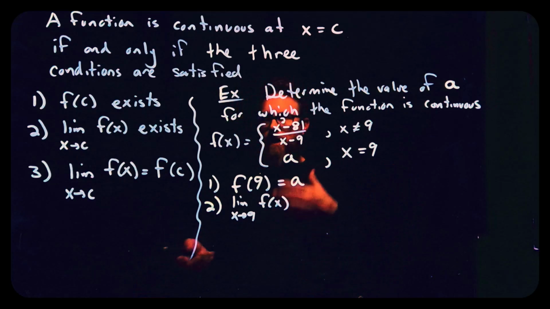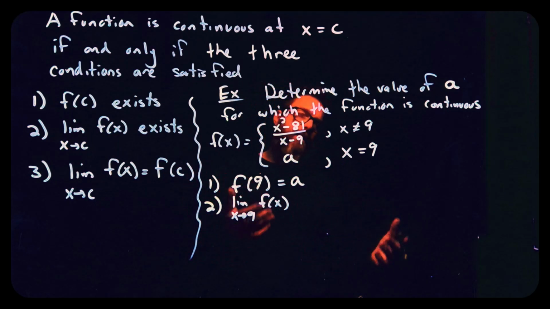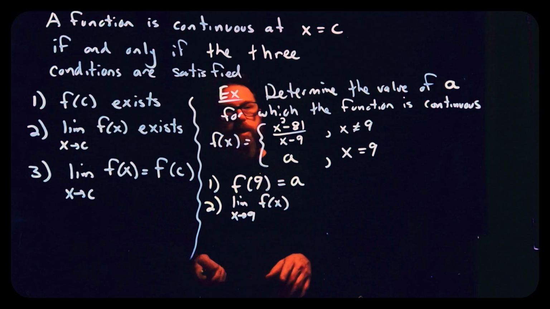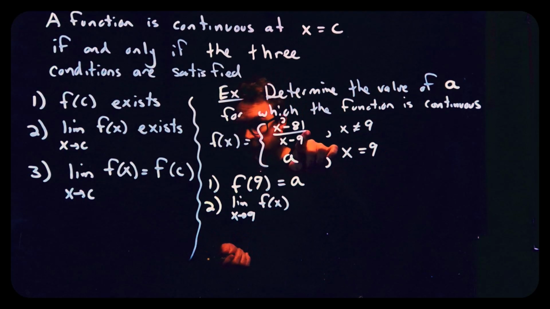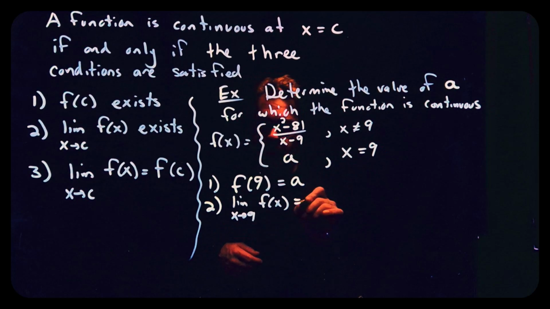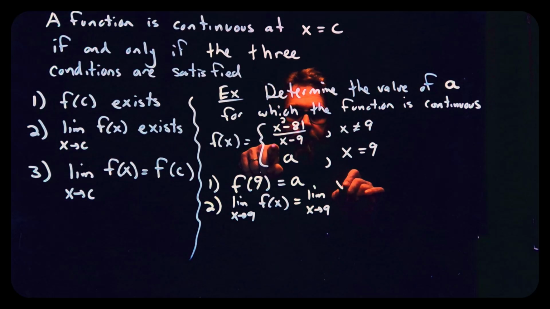If I plug in 8.6, which is gradually getting closer to 9, or 8.7 or 8.8 or 8.9, 8.99, and so on, we can see that when I'm getting close to 9, I'm not actually equal to 9. So I'm using this function. So the limit as x approaches 9 of f of x is going to be the limit as x approaches 9 of this function, x squared minus 81 all over x minus 9.